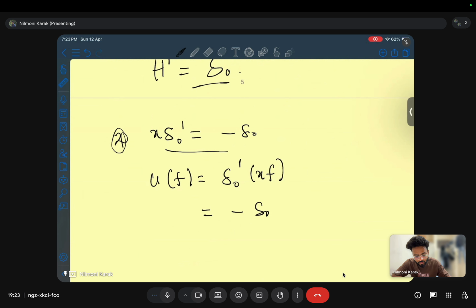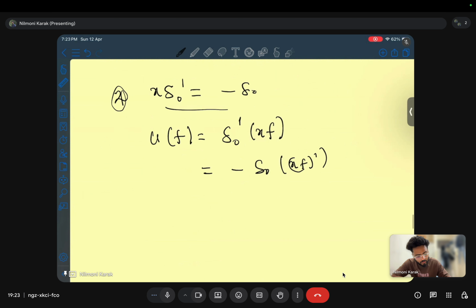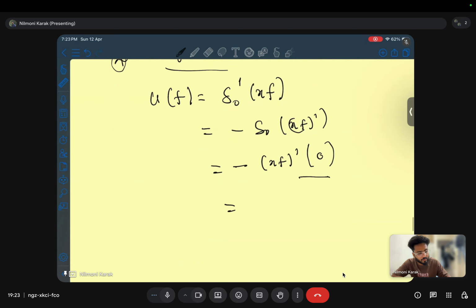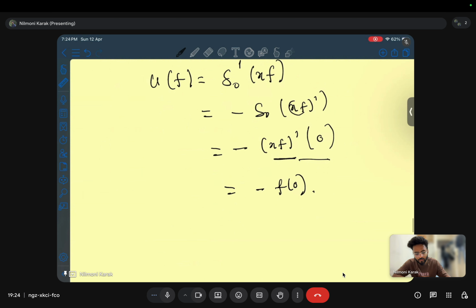This is minus delta naught applied to (x f) dash, which is minus (x f) dash at 0, and this is basically minus f of 0. Just take the derivative with respect to x, and then this is minus delta naught f.